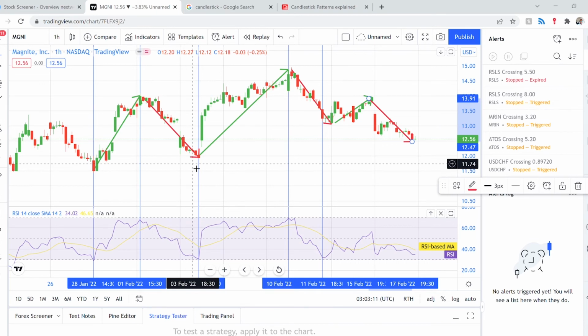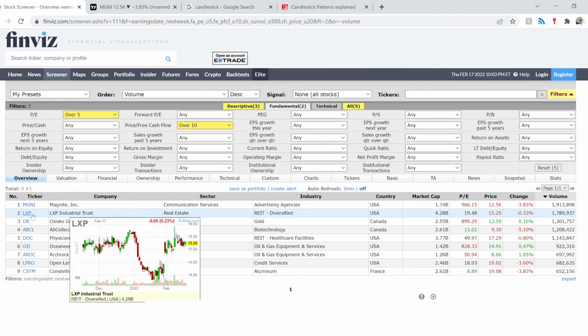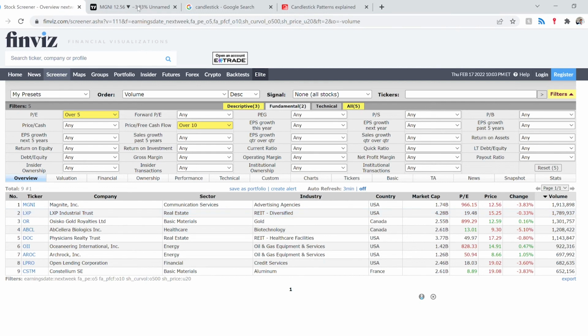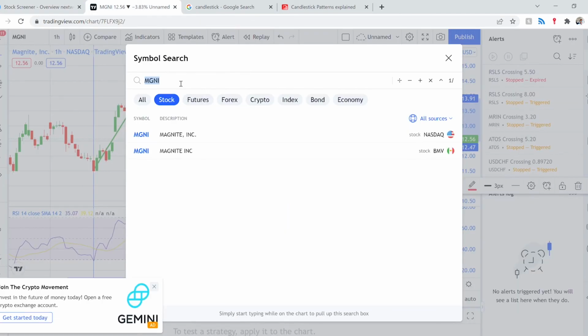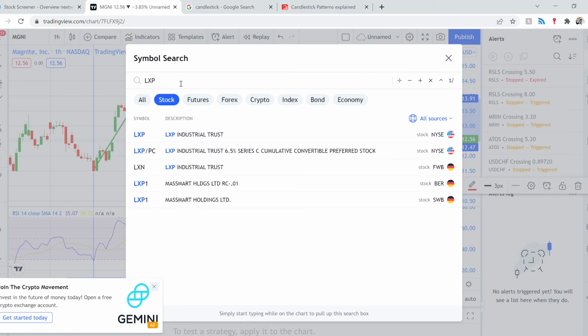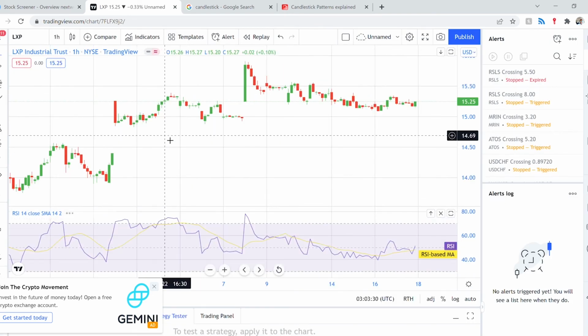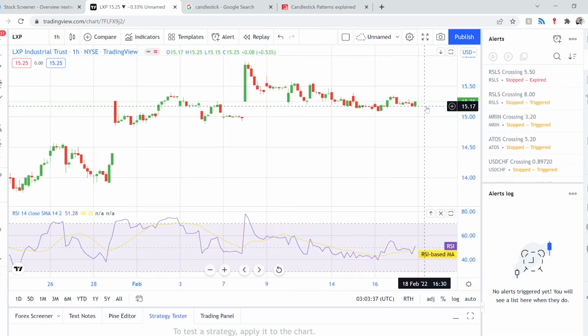And let's look at another one, the second one, LXP, and see what it looks like. So you come back here again and type LXP. As you can see, it has almost the same characteristics, ups and downs.